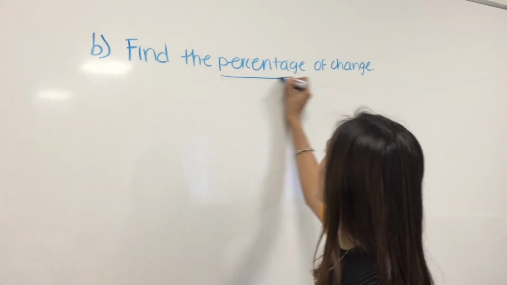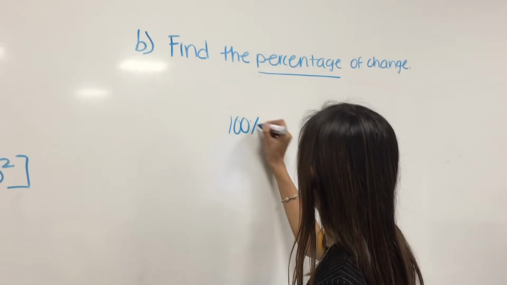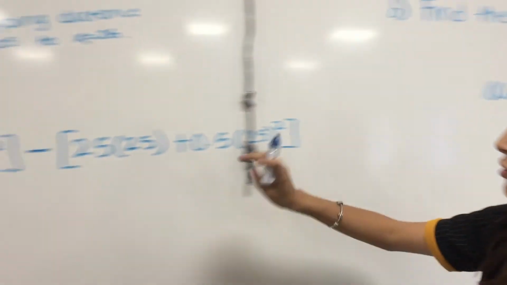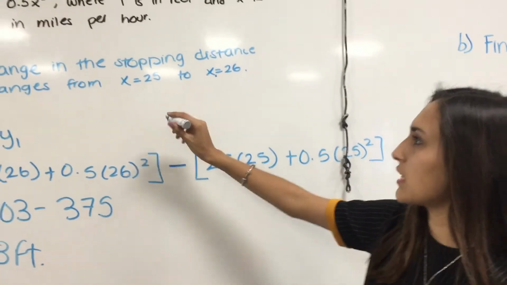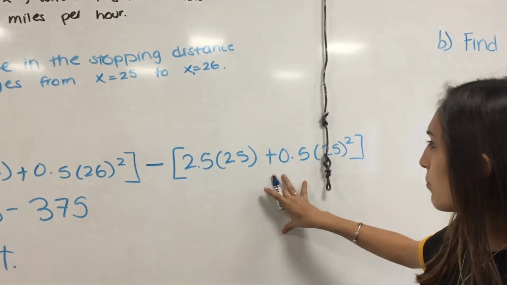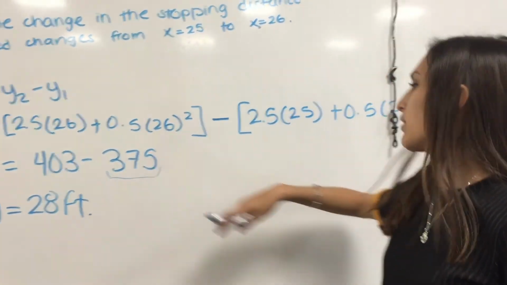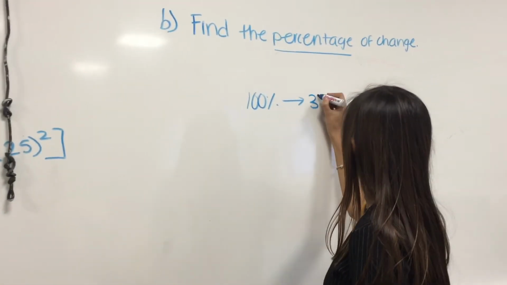To find your percentage, you will need to use ratios. So your 100% will be equal to the formula where you plugged in your first x, in this case 25, because it is your starting point. So you will use your answer, which is distance, 375.